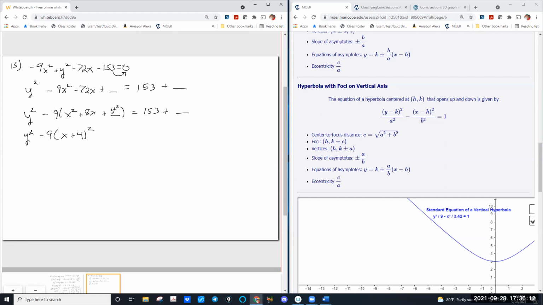Okay, now we backfill. So what goes here? Well, 4 squared is 16, but to pull it out of this set of parentheses, it does have to be multiplied by -9. So -9 times 16. So that's a -144. Sorry about that.